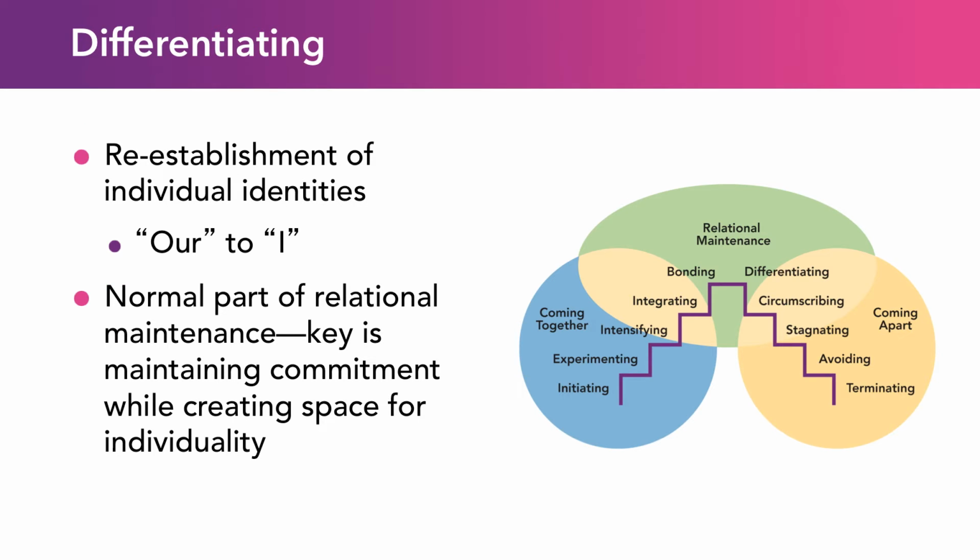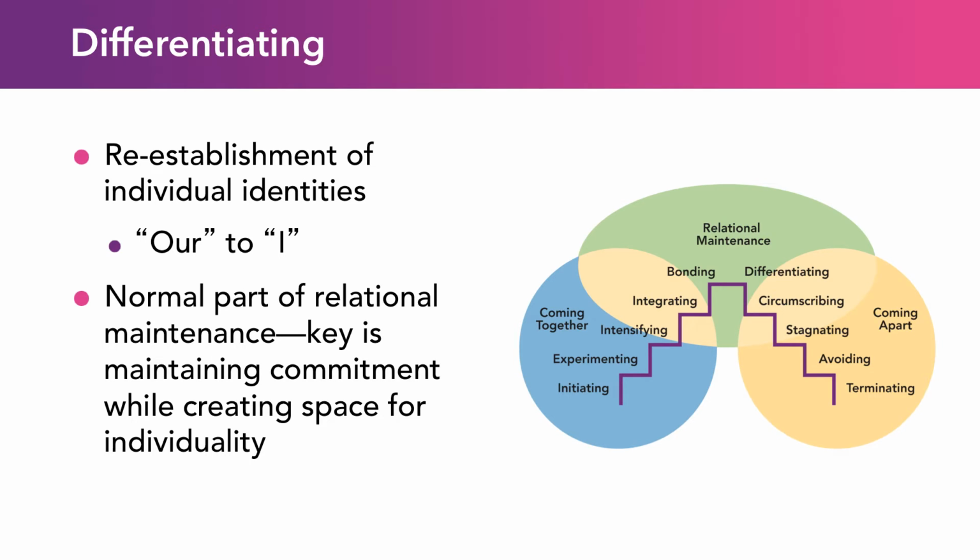So in the integrating stage, you maybe don't do some things that you really like because you're focusing less on an I and more on a we. And in differentiating, you're going the opposite way. You're starting to say, okay, we don't have to do things together all the time. Instead of our whatever, it's going to be mine and yours.